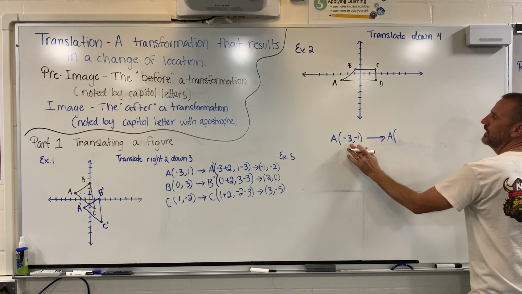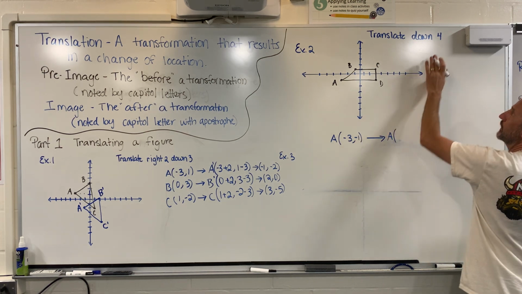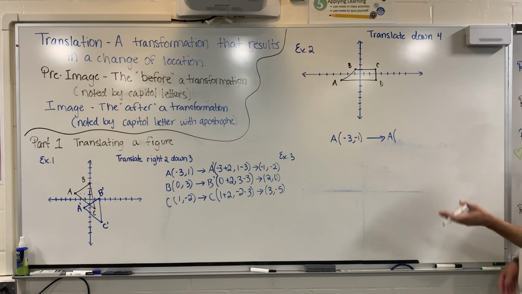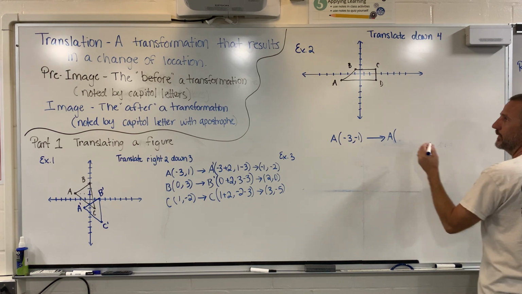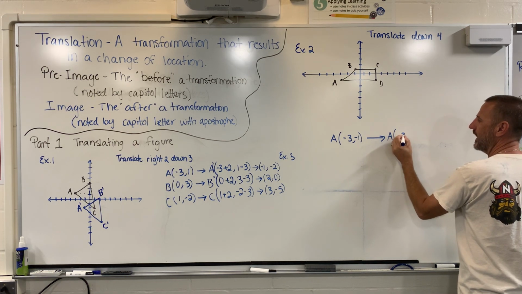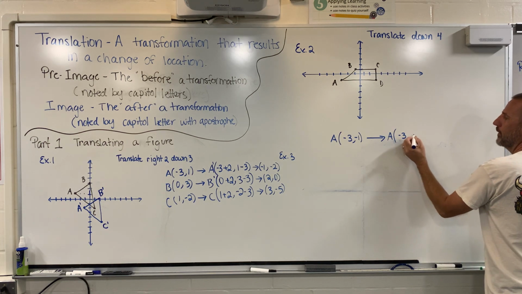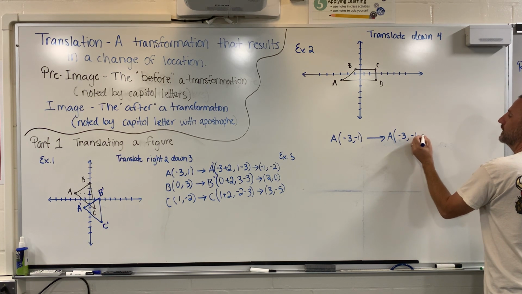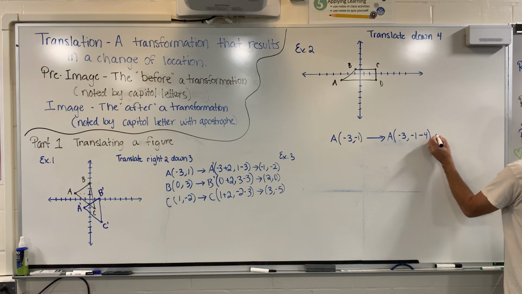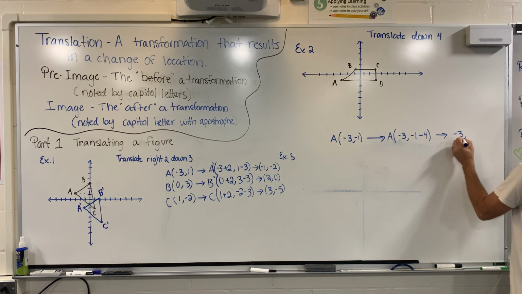So in this case, -3, and it says I'm supposed to go down 4. Well, that doesn't do anything to my first value. So my first value, my x value, is going to stay. However, my -1 is going to go down 4, which puts it at -3 comma -5.